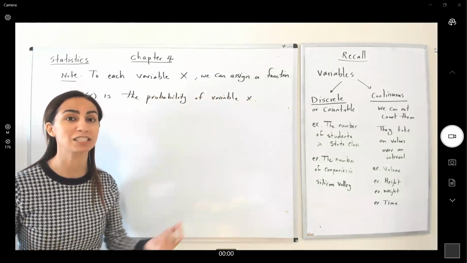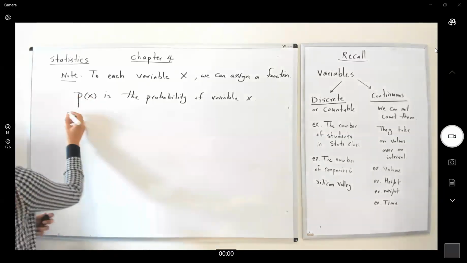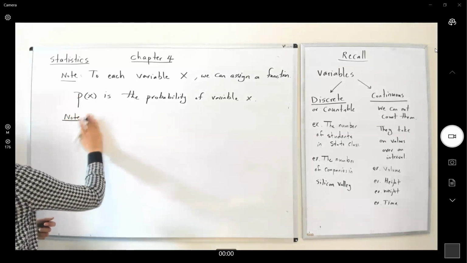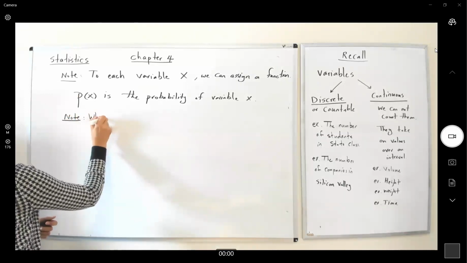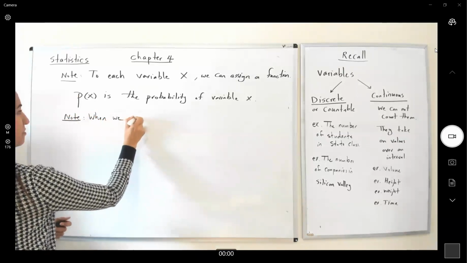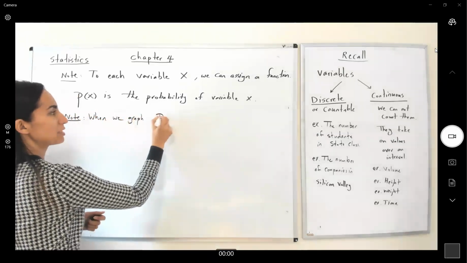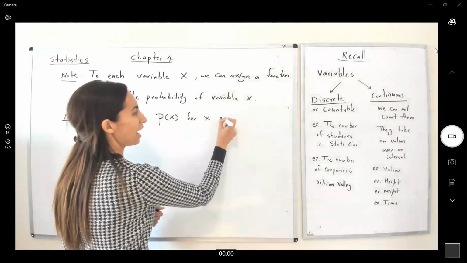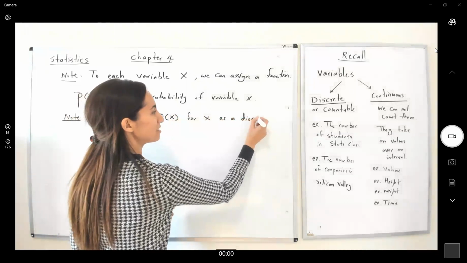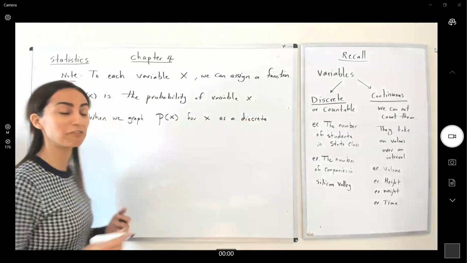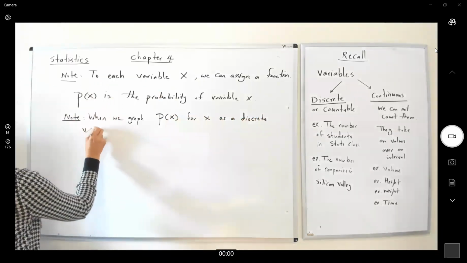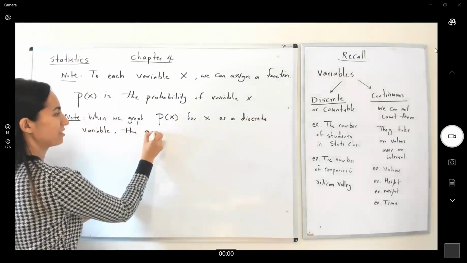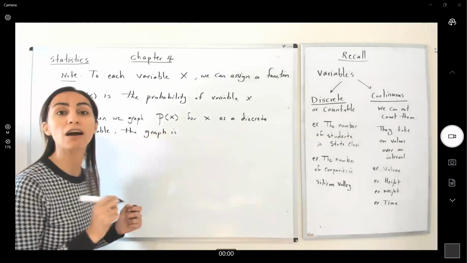So what's the difference between the graphs? Note that when we graph the probability of variable x for x as a discrete or countable variable, the graph is discontinuous.